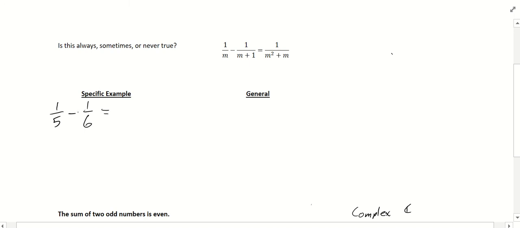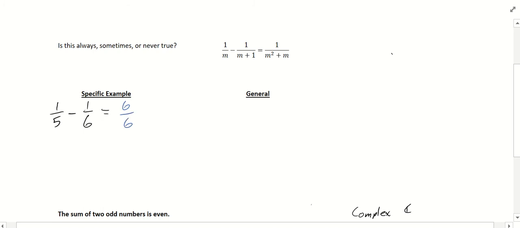So let's start by simplifying this. I need a common denominator so we can subtract these fractions. Here I could see 5 times 6 will give me a common denominator.